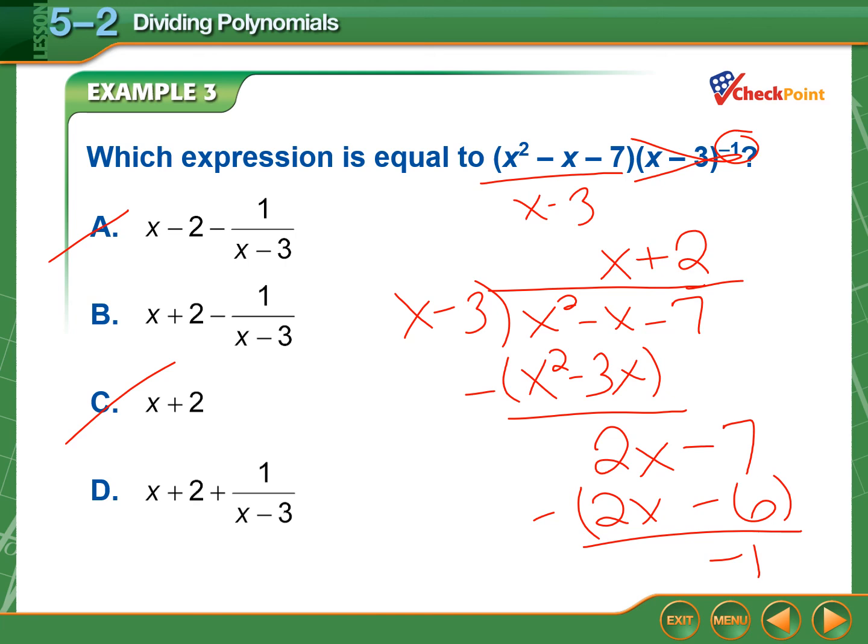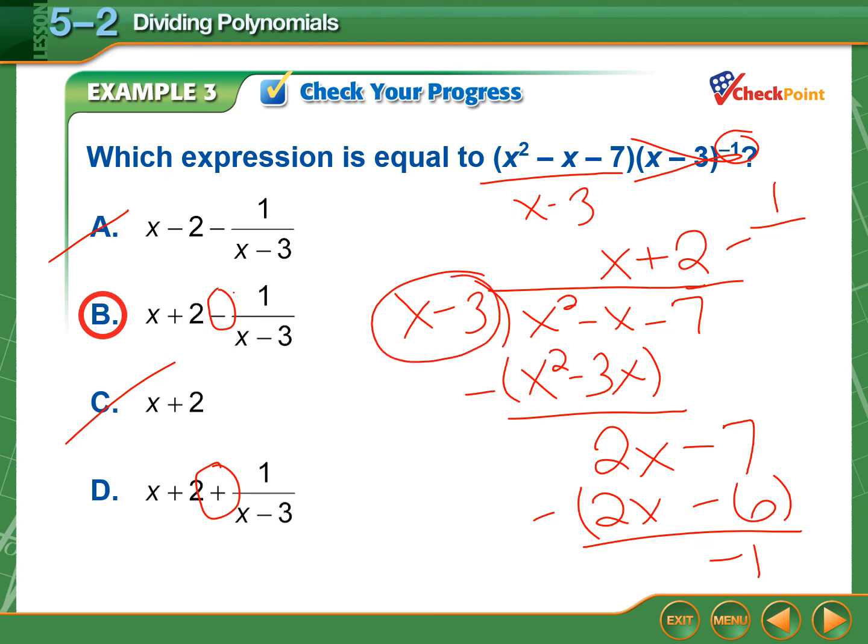And if I look at the way they wrote D with a positive 1, and they wrote B with a negative, our answer probably is B. It is B. So you take your remainder and turn it into a fraction. You take the sign that they give you and you put it over your divisor. And that's how that answer is.